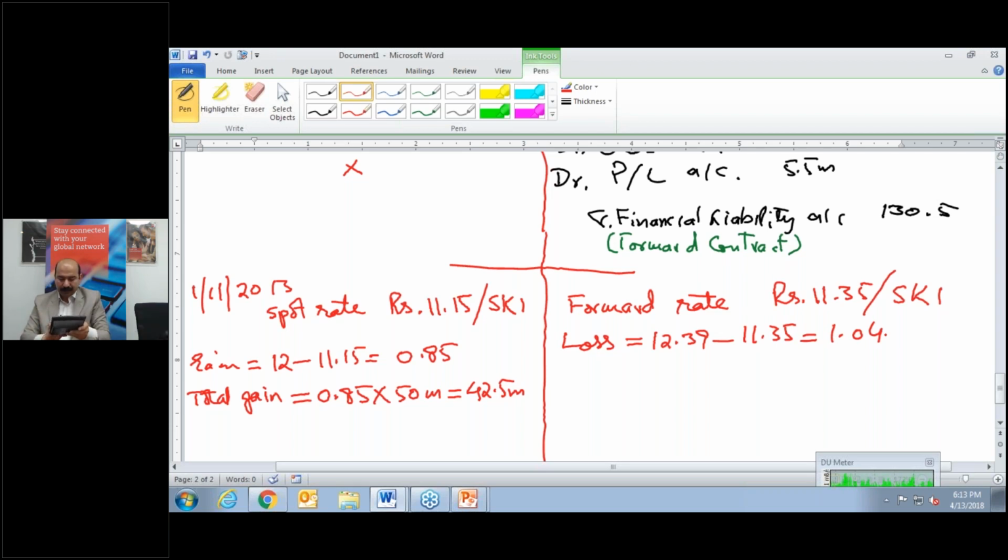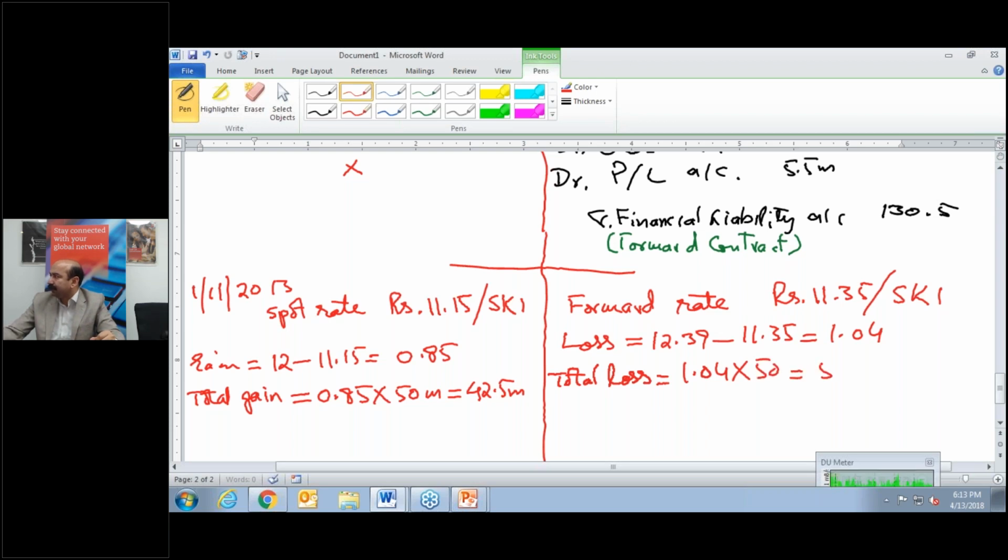and the total loss is equal to 1.04 into 50.